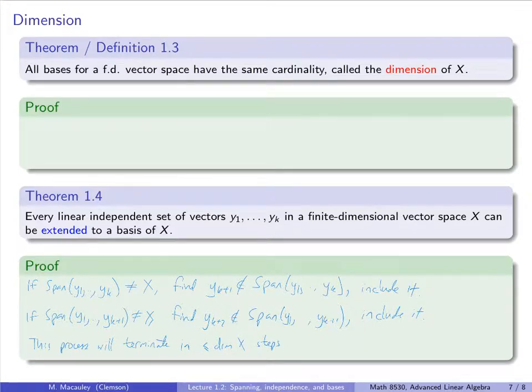But all we need is that it terminates, because otherwise it would contain more than n linearly independent vectors. We already know that the number of linearly independent vectors cannot be any more than the dimension of the space itself. And that's the proof.